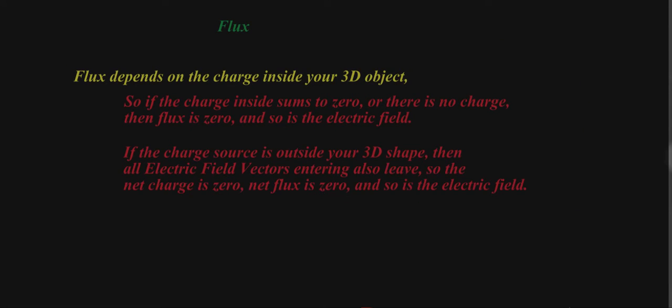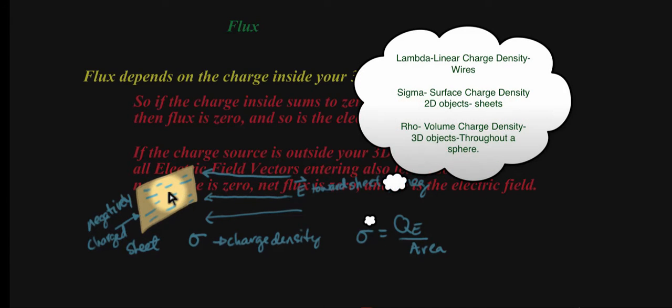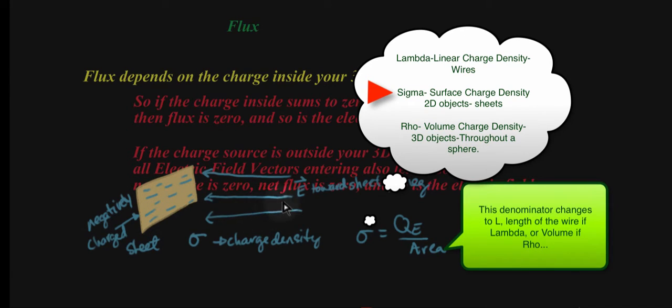If the source of your charge is outside your 3D shape, we have a charge density here of sigma. That means the Q enclosed over the area, the surface area here. And this is a negatively charged conductor. So the electric field lines will go towards this negatively charged conductor.